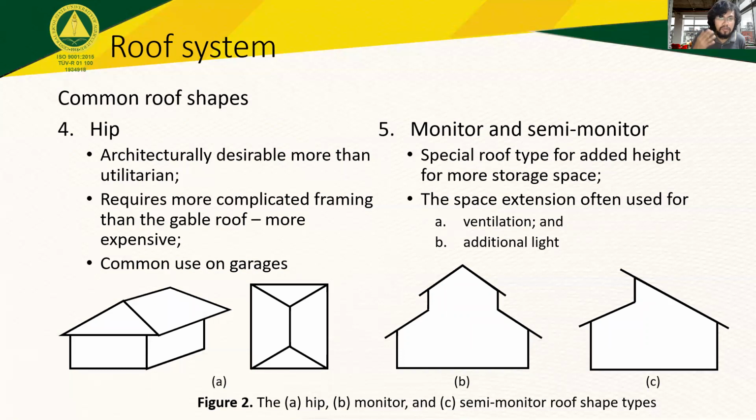It's because you can see this is also the one being used in houses in residential urban areas, and this requires more complicated framing than the previous three, especially the gable, which looks like the hip from some angles.